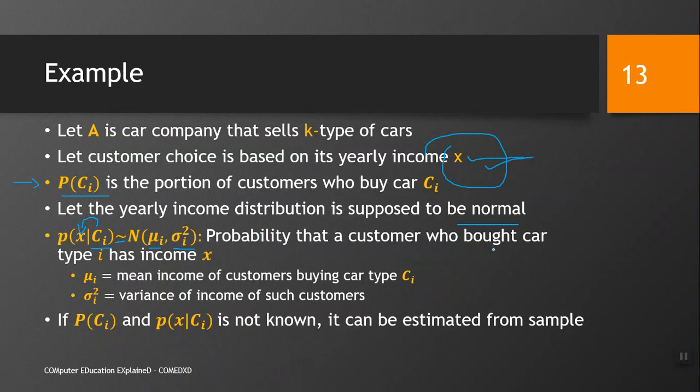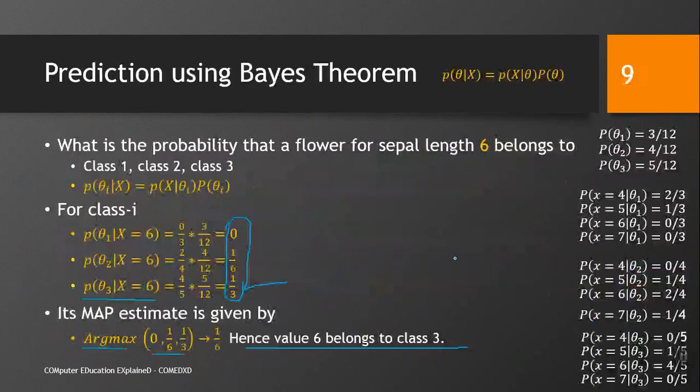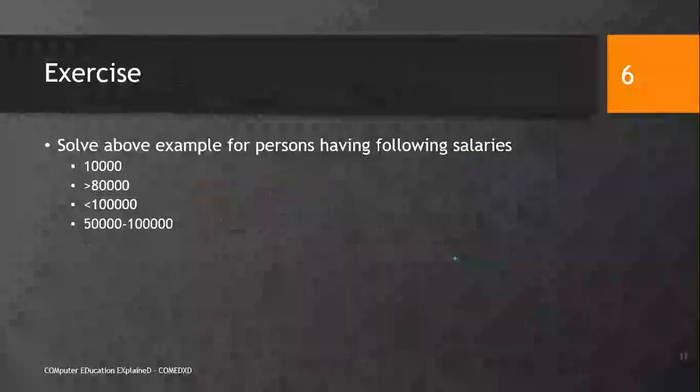This is the probability that a customer who bought a car type I has income X. Actually, this is written like this: probability X is equal to some x given Ci. If you are following my lecture, we have already seen this in the previous slides, and I have given you an exercise to work with it.